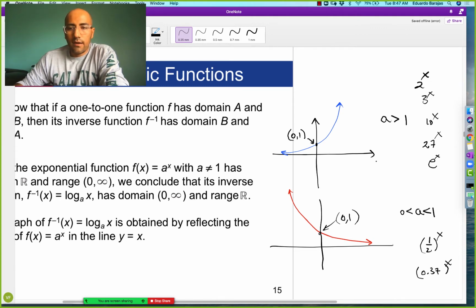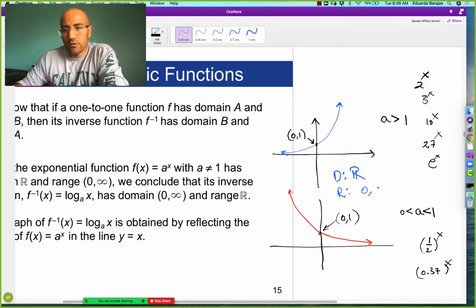So for both of these, the domain and range are both the same though. So for this one, the domain is still all real numbers. Domain is all real numbers, right? We like to denote it like that. And the range is positives, right?